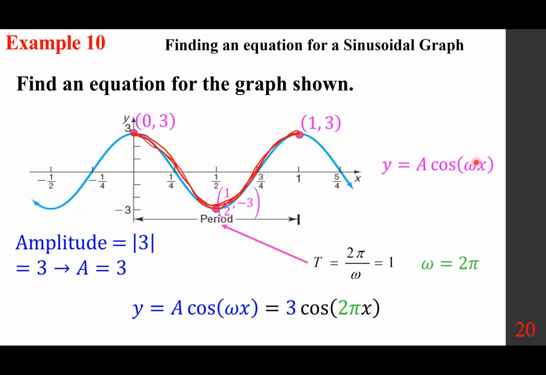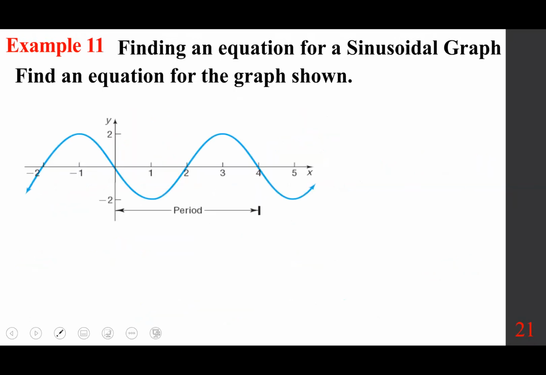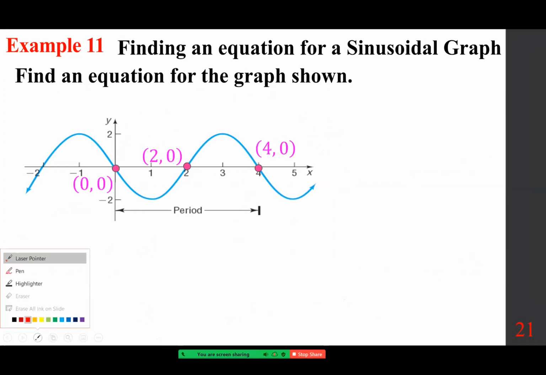Let's look at another example. So again, let's plug in the important points, those 4 points, and we notice a complete cycle looks like a sine function, and obviously the amplitude is the 2, or the absolute value of -2.